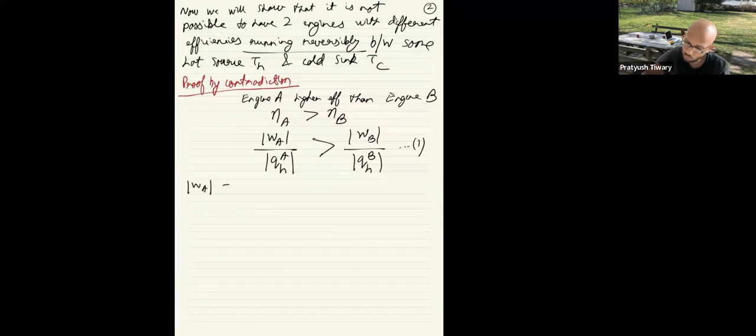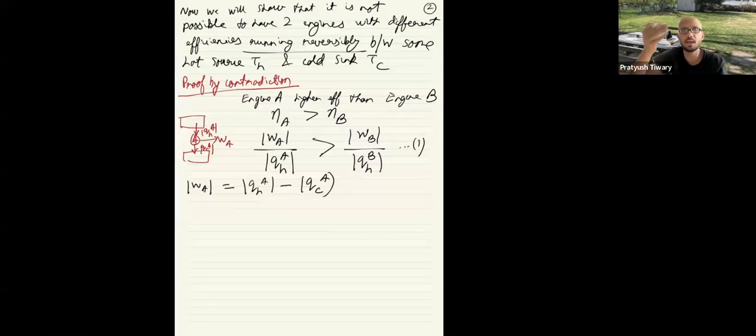Now, WA is going to be QHA minus QCA, right? So let me draw a little diagram here so you remember. For process A, you are doing WA work. You are taking QHA amount of heat and giving back QCA amount of heat to the cold sink. So WA plus QCA must be equal to QHA.